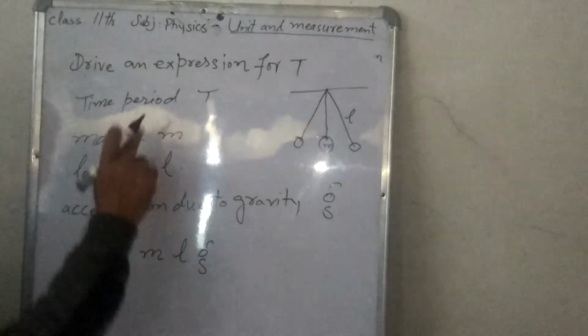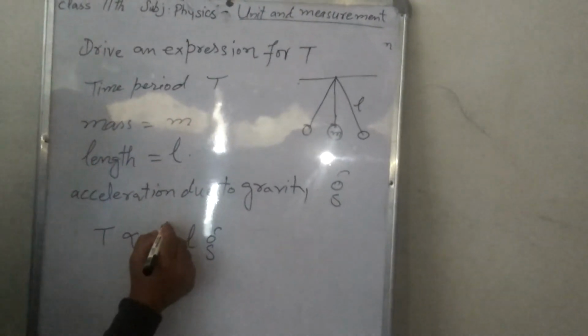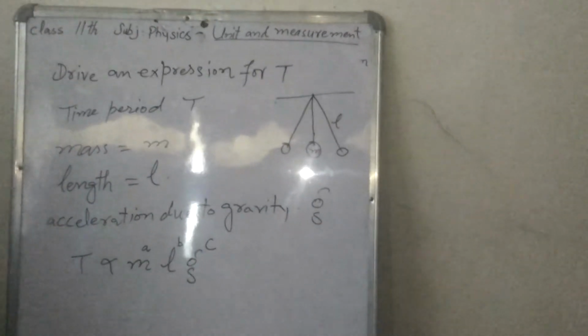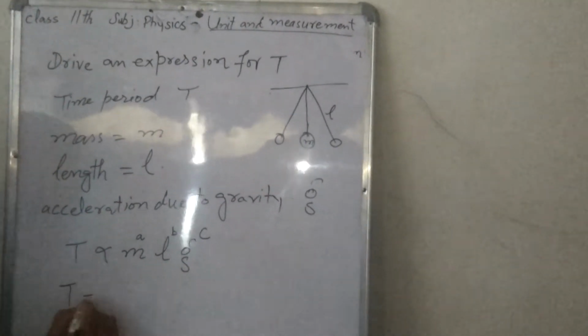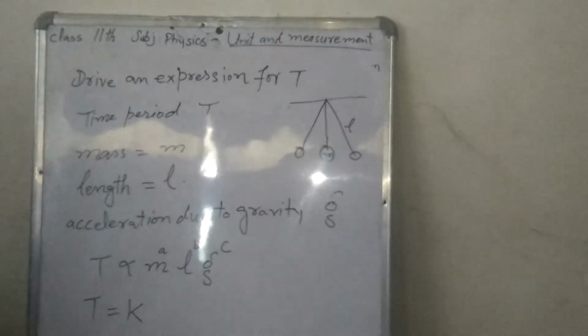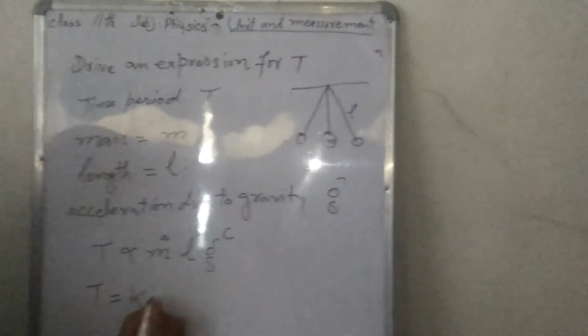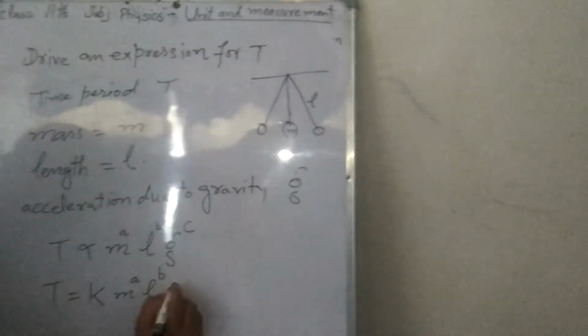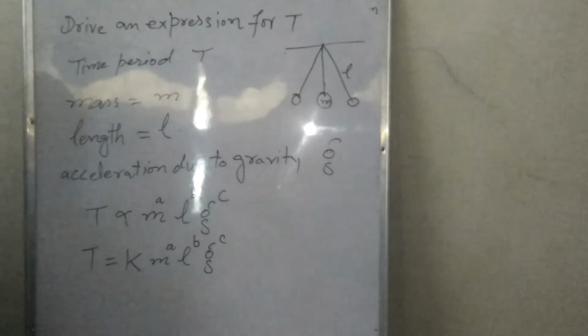Let us denote it dimensionally: M raised power a, L raised power b, and g raised power c. Or we can take T equal to k, where k is the constant of proportionality, M raised power a, L raised power b, g raised power c.